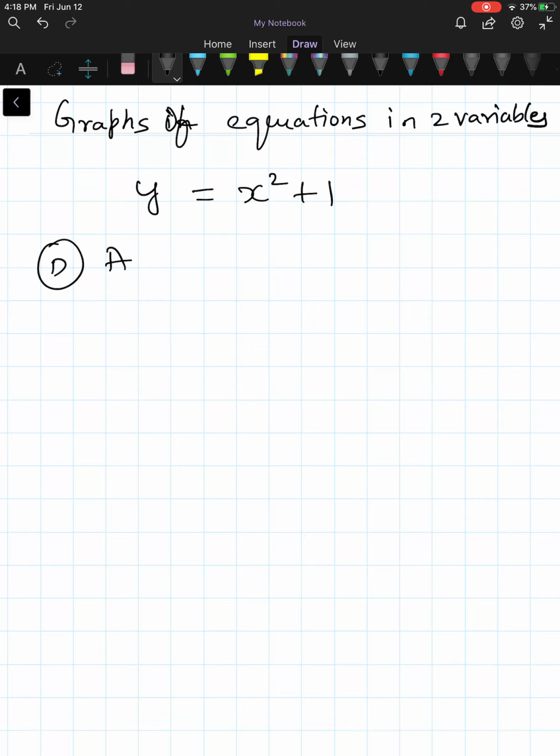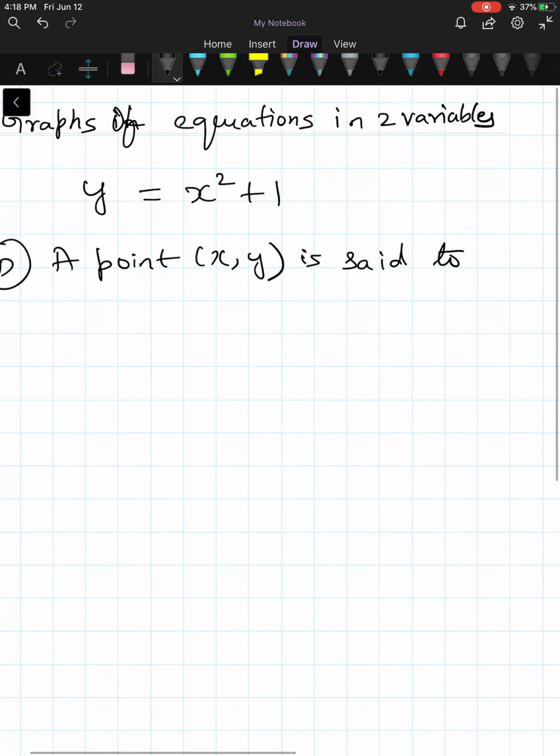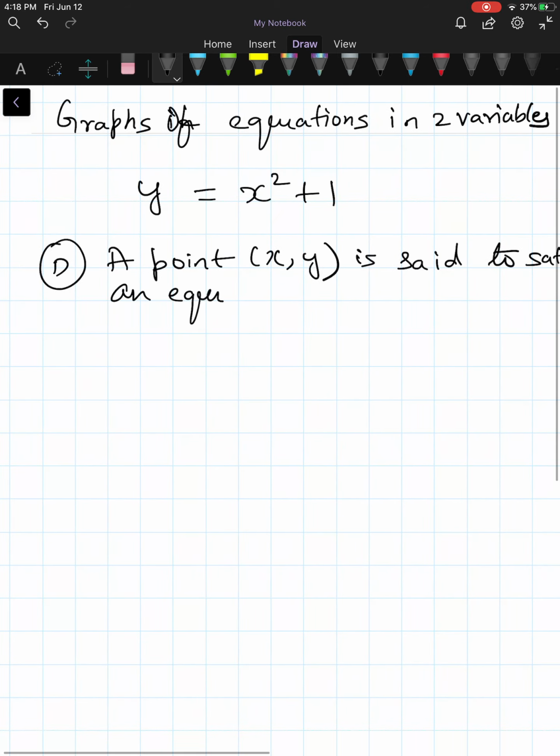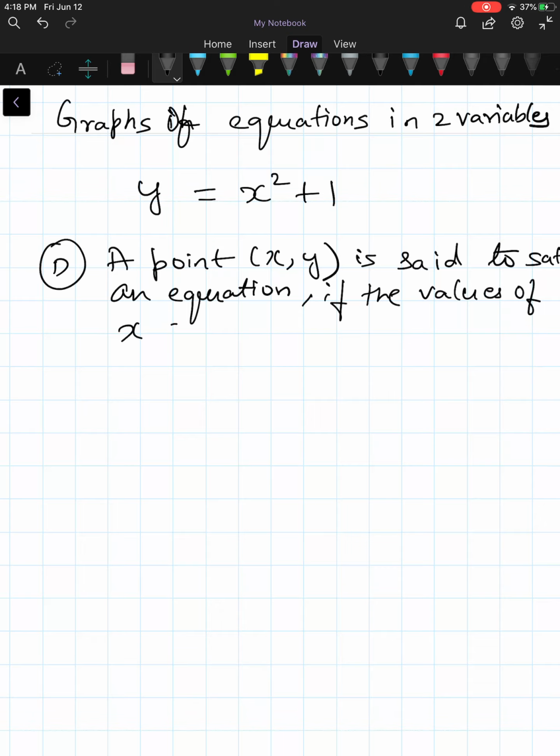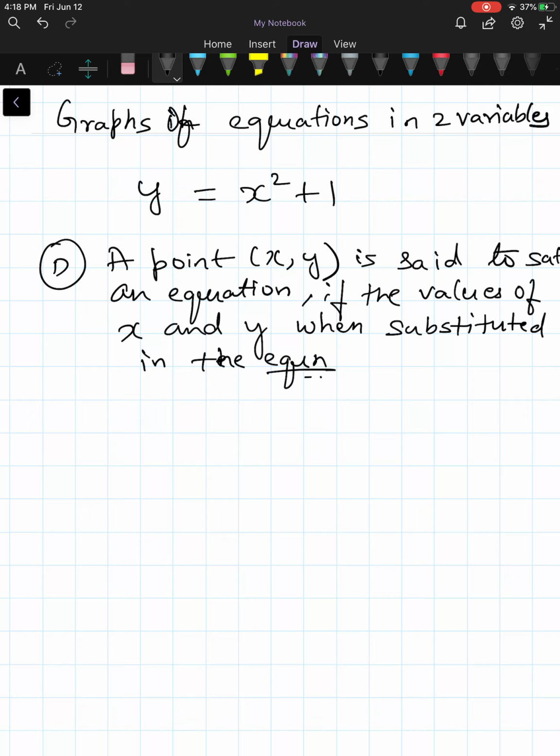A definition: a point (x, y) is said to satisfy an equation if the values of x and y, when substituted in the equation, make it true.